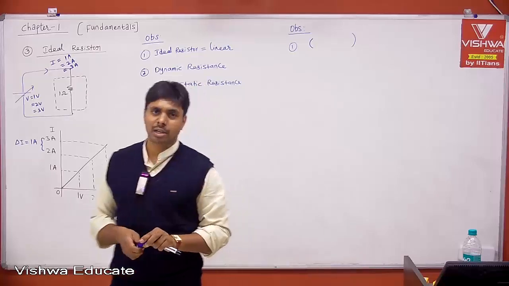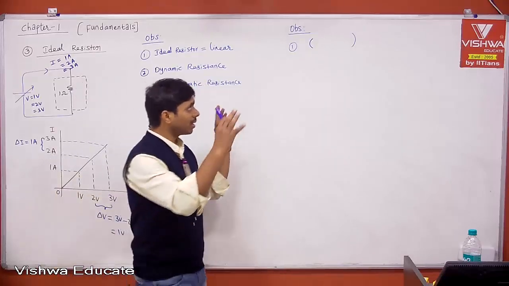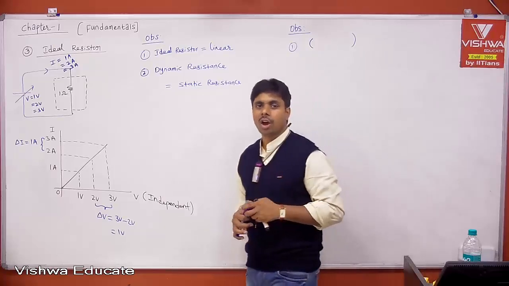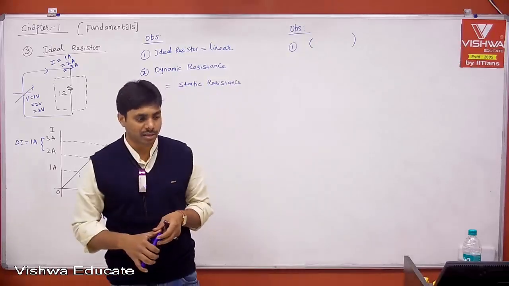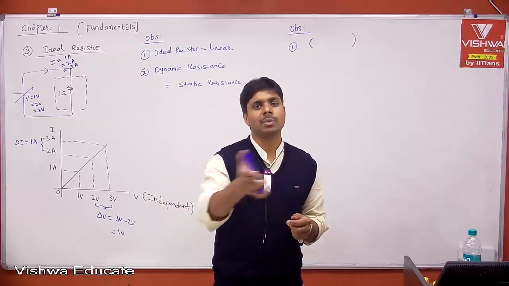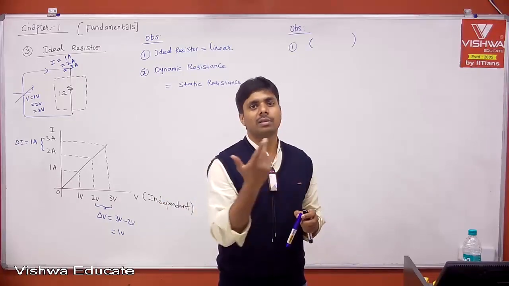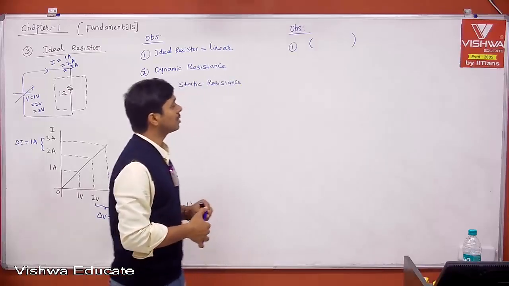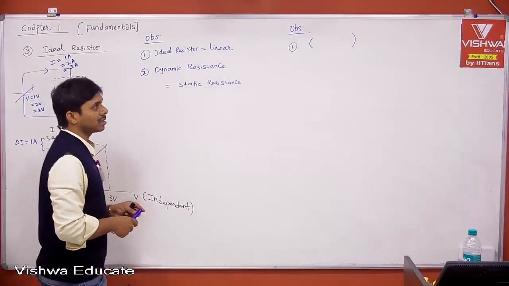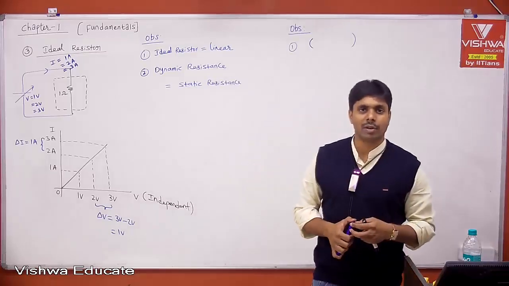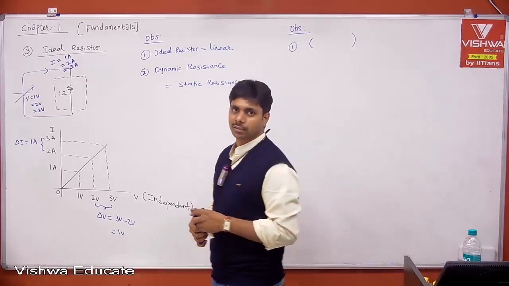That is what we observed from the ideal voltage source and ideal current source. The same thing I am carrying forward to the PN junction diode, etc. Dynamic resistance is not equal to static resistance.